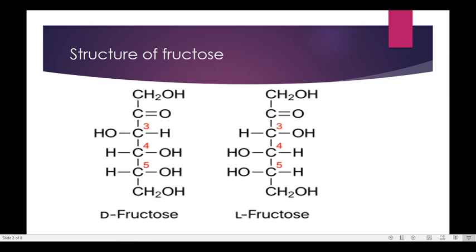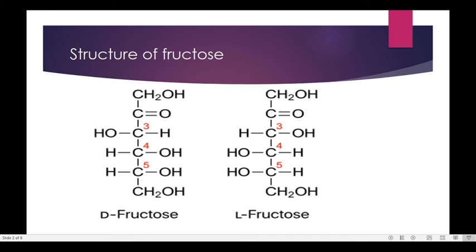Now by seeing the structure of this molecule, we can say which molecule is D form and which molecule is L form. Now here you can see that carbon 5 is the most distant asymmetric carbon atom from the functional group, that is from the ketone group, which is carbon number 2.